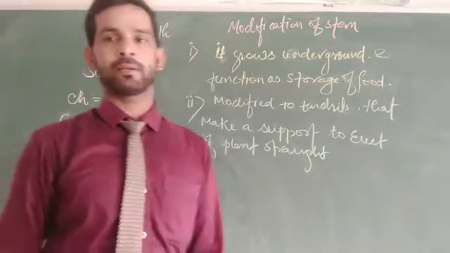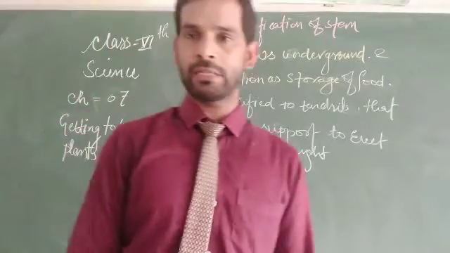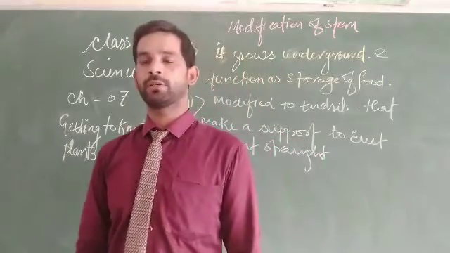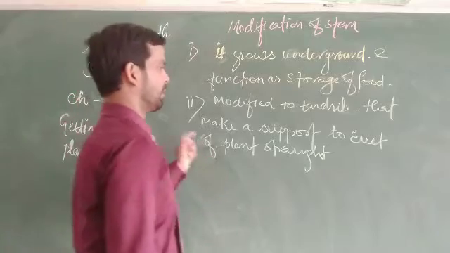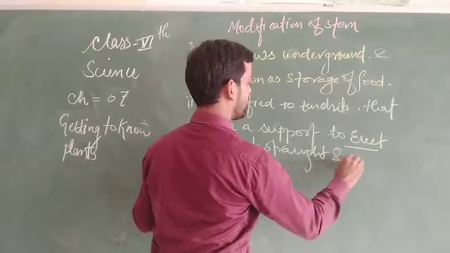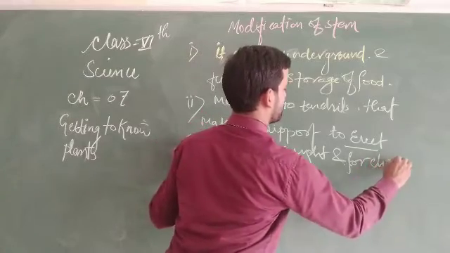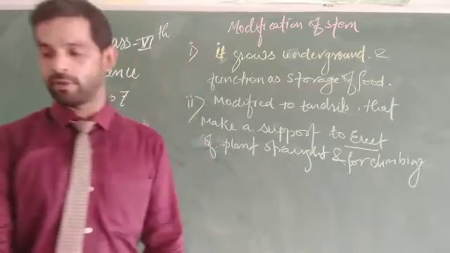It is helpful for spreading the plants. Why? Because a plant in which tendrils are present cannot stand or erect properly. So it is a supporting part that helps for erection and for climbing.